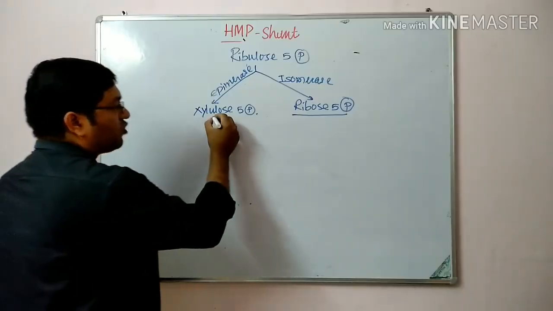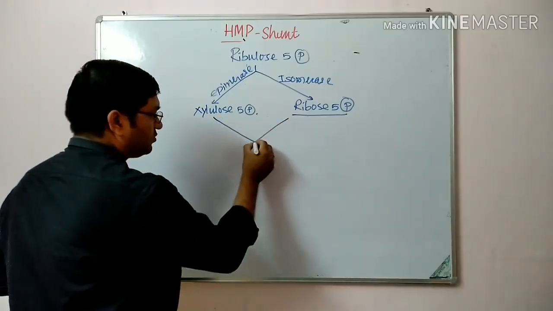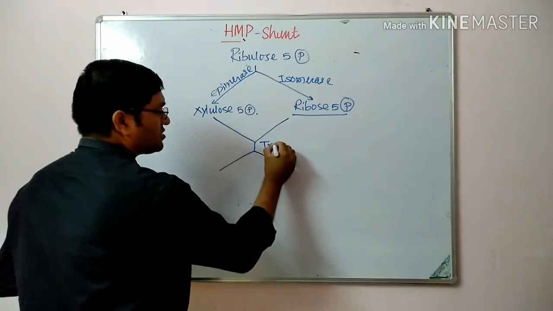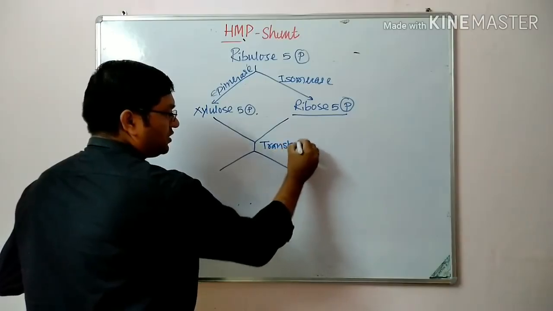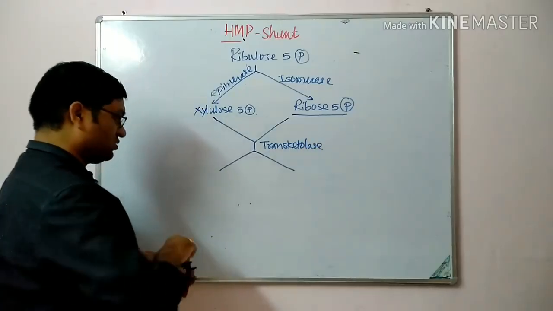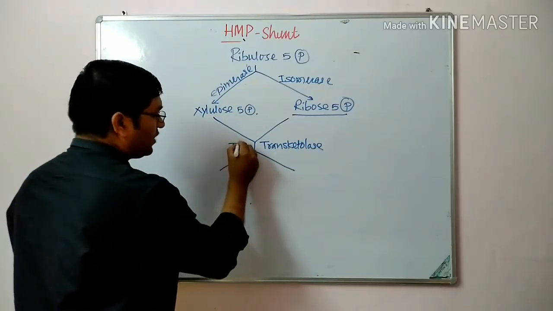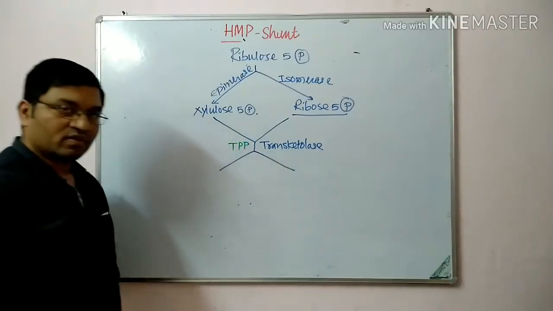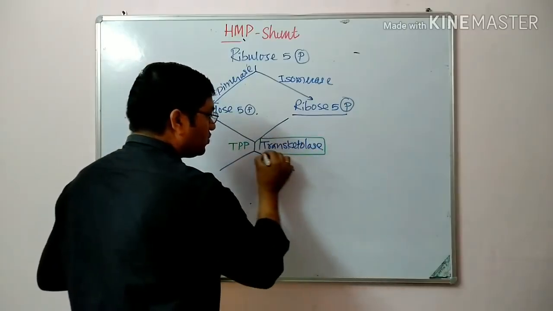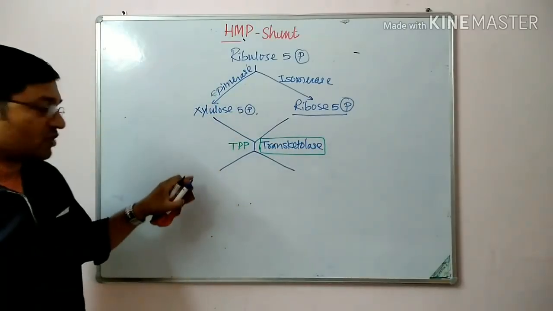Now with the help of the transketolase reaction, which is thiamine pyrophosphate dependent, and RBC transketolase level is measured to assess the thiamine status of the body.